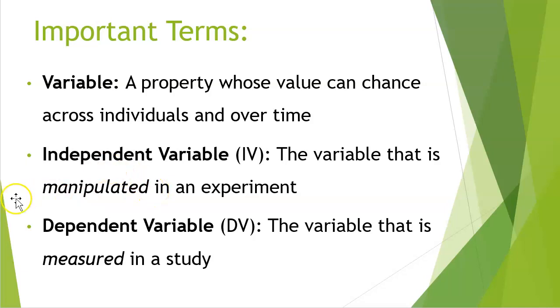The dependent variable is the variable that's measured. So we manipulate the independent, and we measure the dependent. By manipulating the independent variable, it'll cause the dependent variable to change. So the dependent variable is dependent on the independent.